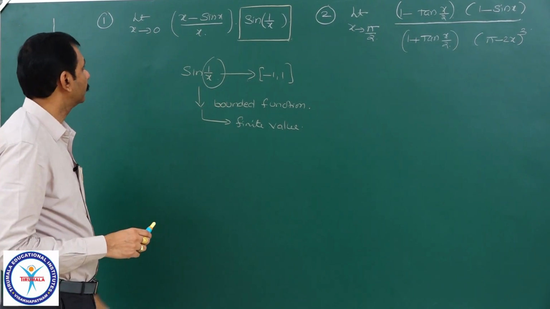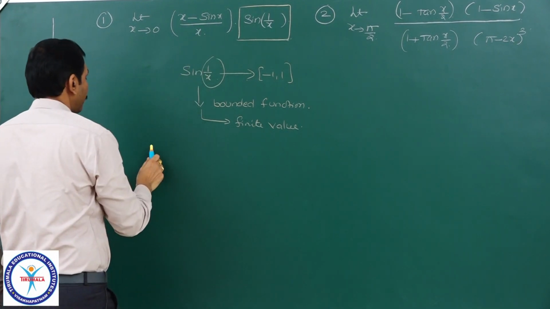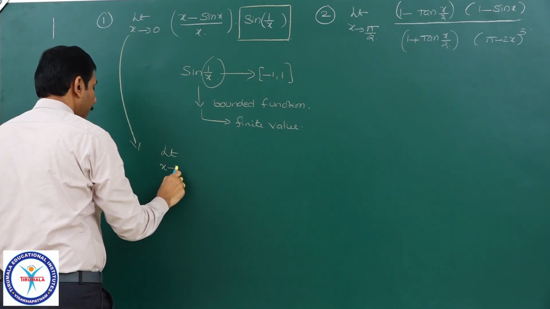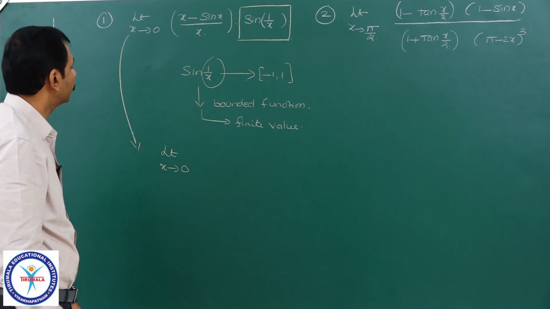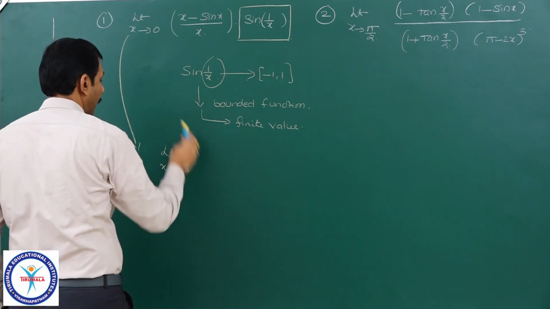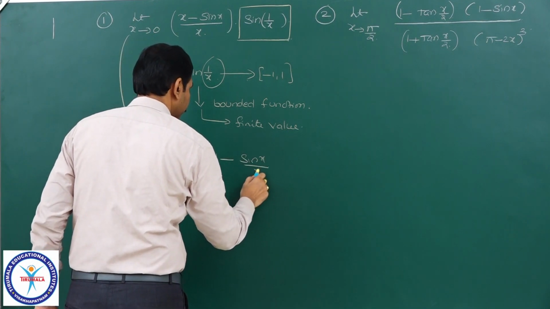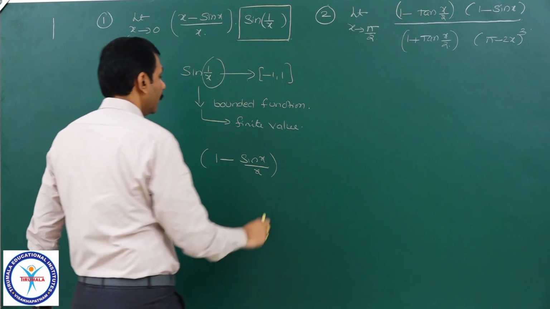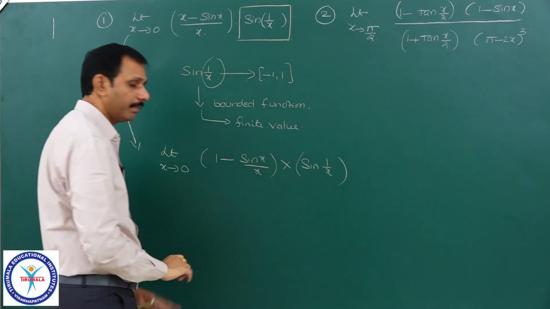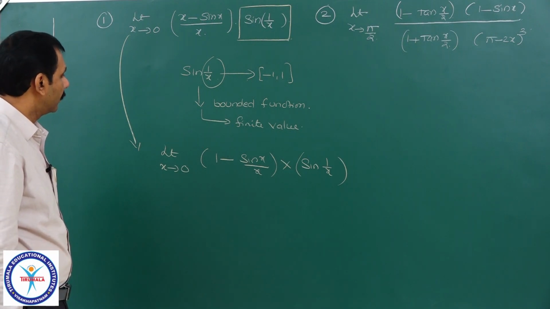Right. Now, how to evaluate this limit, I will write it in this way. Limit x tends to 0, the denominator x is there, I will separate this as 1 minus sin x by x, into sine of 1 by x. Now this problem is completed.